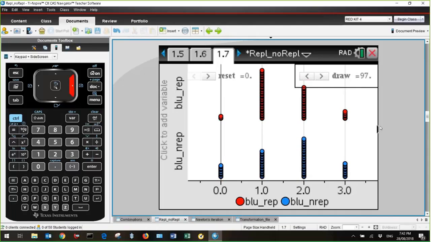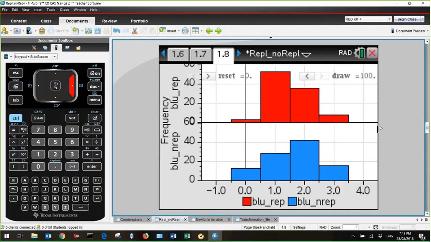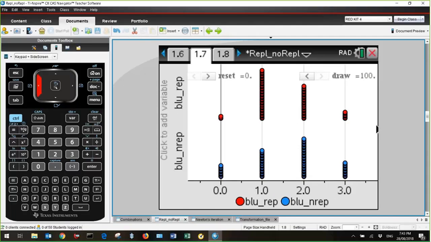There's a statement called an augment statement that you can use in a program, and it captures into a list. Okay, and I've got the same results there, but in a histogram. And you can just hit reset and start again.